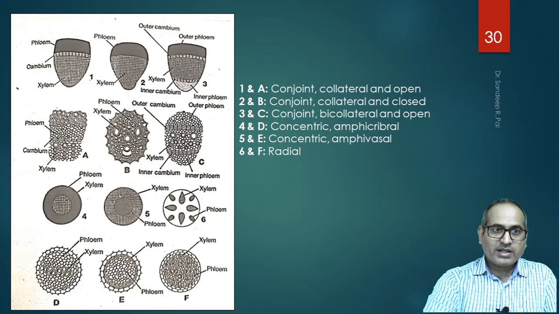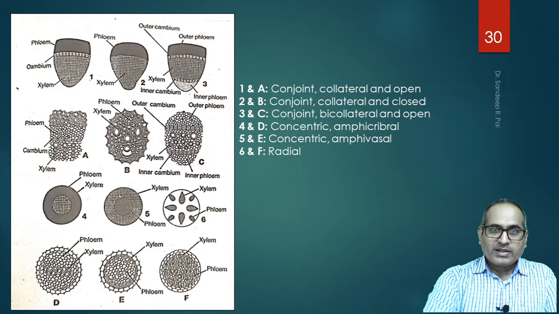A, B, C, D, E, F are the cells how they look in the microscope, whereas 1, 2, 3, 4, 5, 6 are the hand-drawn sketches where the arrangement can be kept in mind. So here in case of first, 1 and A, you will see that conjoint, collateral and open. When we say it is open, there is a cambium in that. Conjoint, xylem inner, phloem outer.